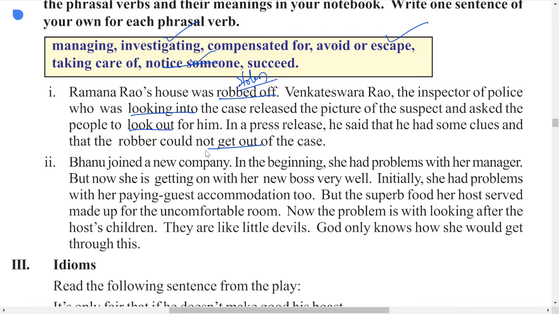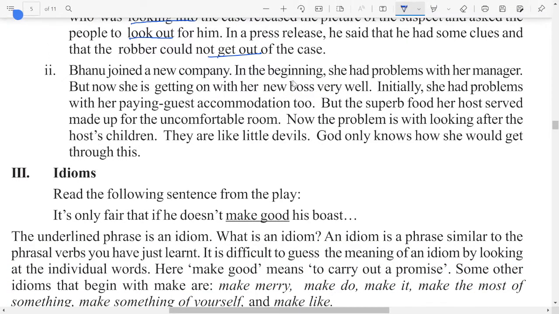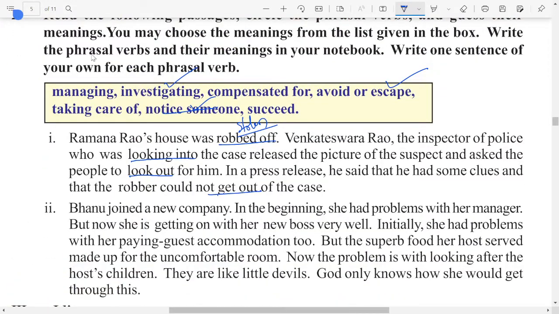Next one: Banu joined a new company. In the beginning she had problems with her manager, but now she is getting on. What do you mean by getting on? Getting on is to manage. She is managing very well with her new boss.